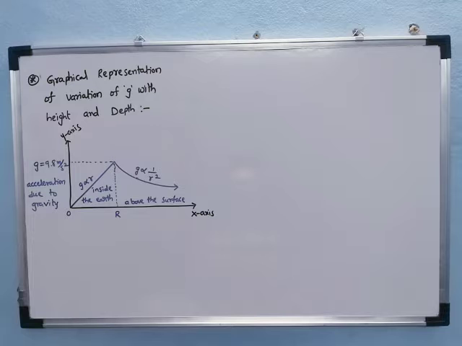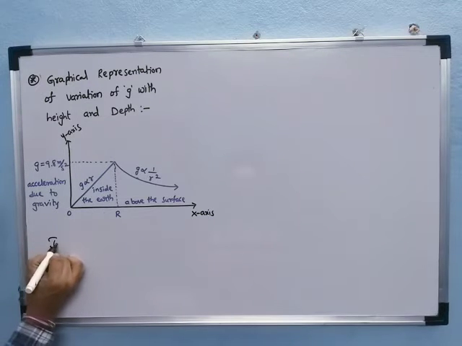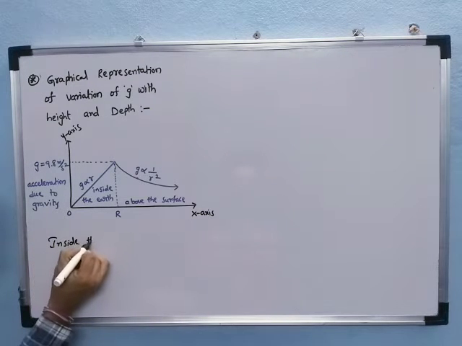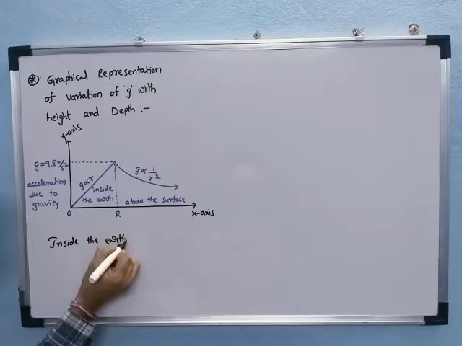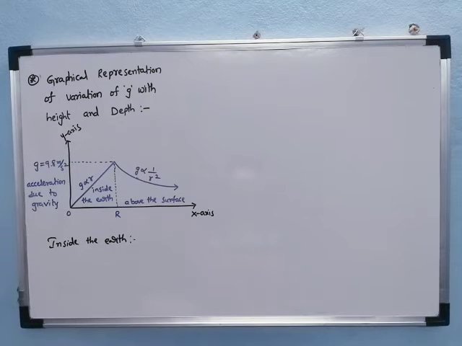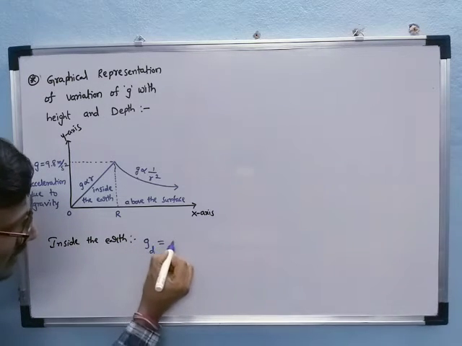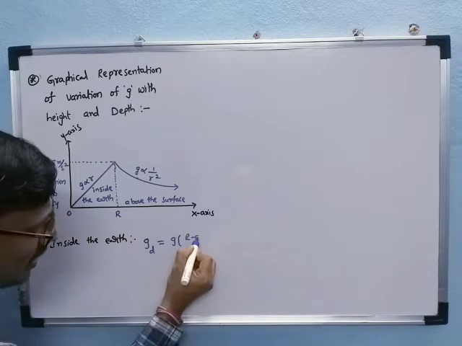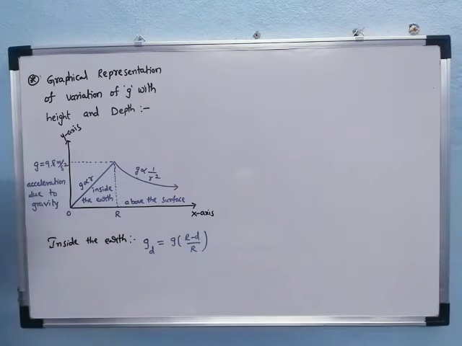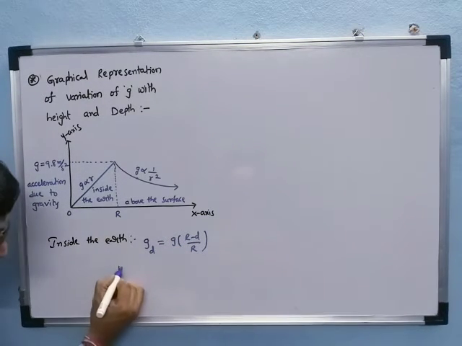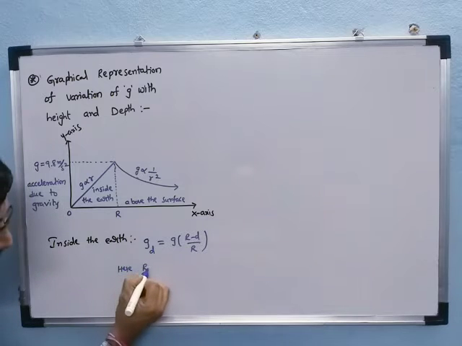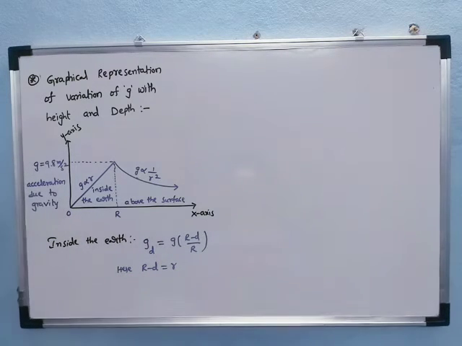First we take inside the Earth. What is the formula for inside the Earth? g_d, the acceleration due to gravity at depth, is equal to g into (R minus d) by capital R. Here R minus d is small r.